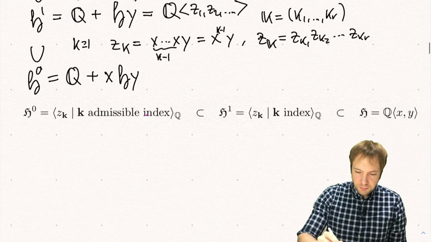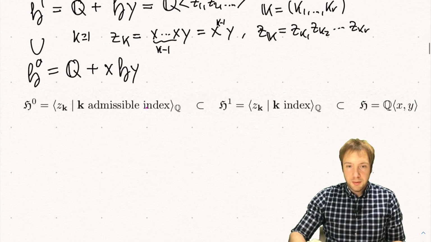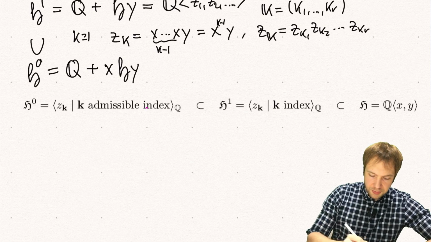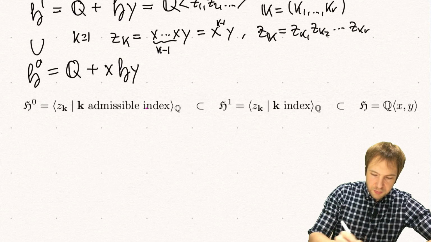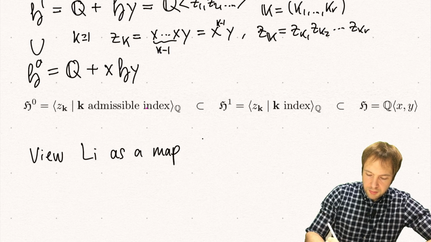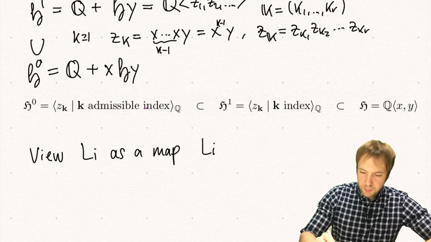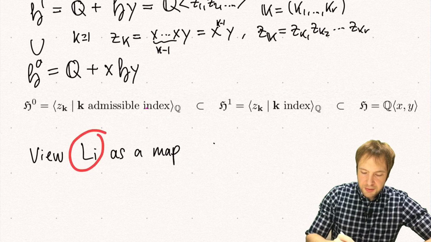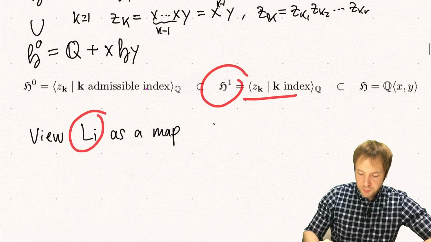So we want to view Li as a map. Li makes sense for all elements in H1.